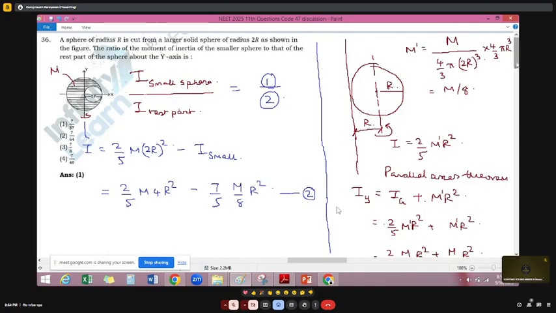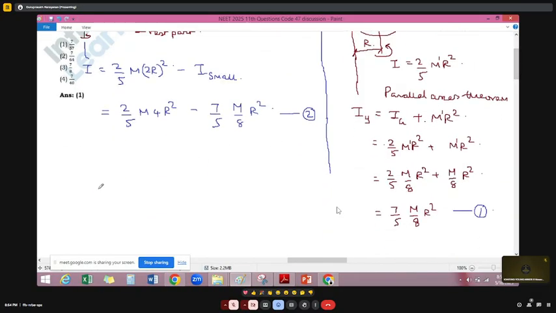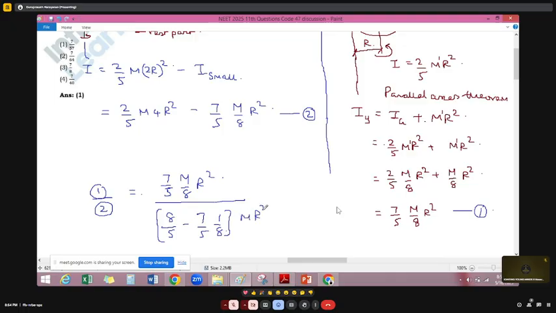So do the math, you will get the answer. So 1 is 7 by 5 M by 8 r squared divided by this entire thing. M r squared I can take out, so it will become 8 by 5 minus 7 by 5 into 1 by 8, and M r squared will get cancelled out.